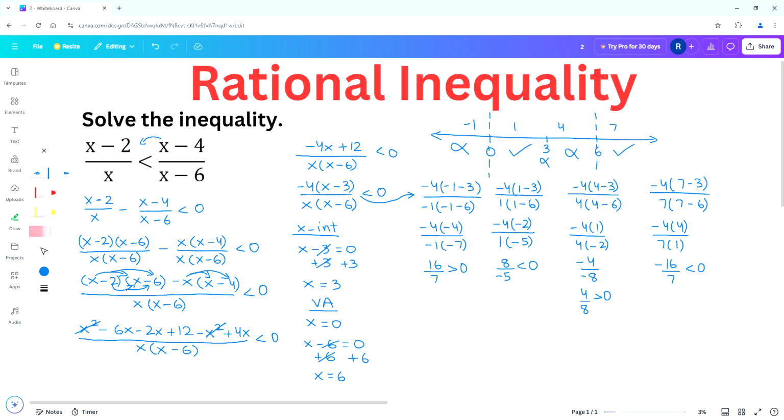We can use the results of this analysis to write the solution for the inequality. The inequality is satisfied in the interval from 0 to 3 and to the right side of 6.